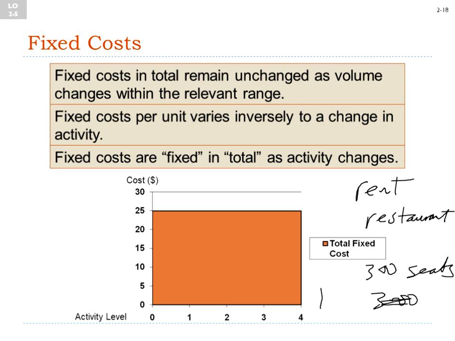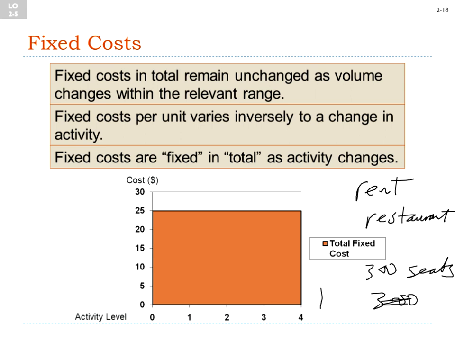You're still going to pay your rent for the month. Doesn't matter if you serve 1 customer or 1,000 customers. If you decide to shut down and go on a two-week vacation, or if you open 24/7, generally speaking, your costs are going to be the same.